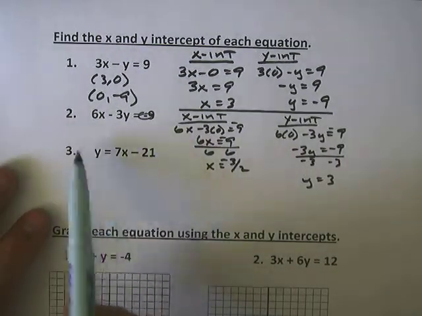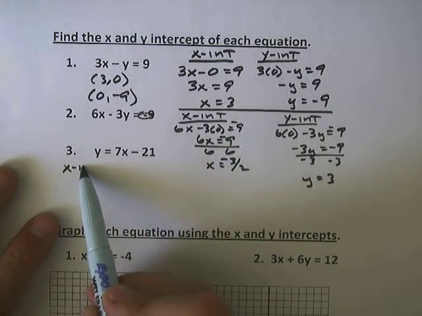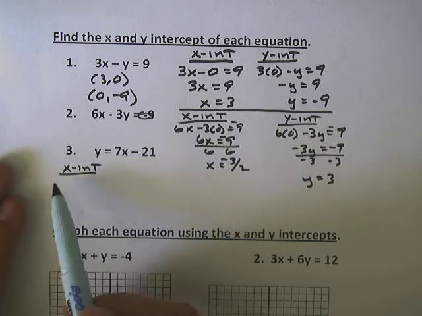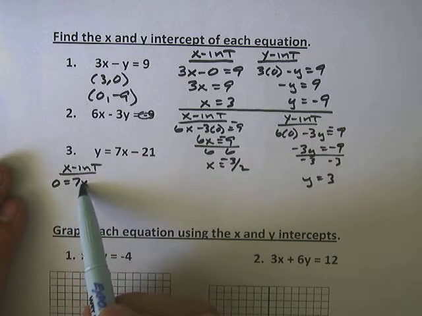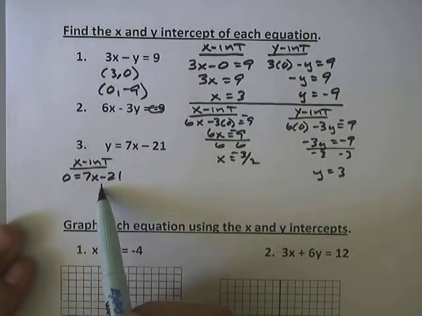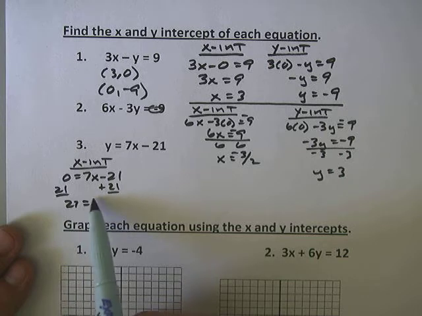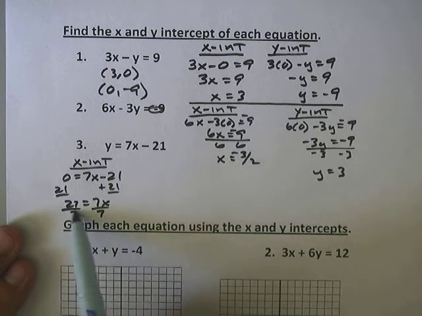Pretty easy, pretty straightforward. Lastly, let's just talk about this one. You notice this one is in slope-intercept form already. So let's talk about x-intercept. I would plug in 0 for y. Now this one, I would add 21 to the other side.